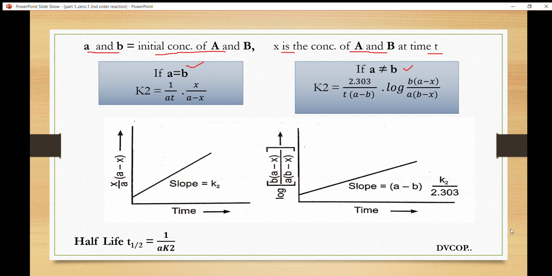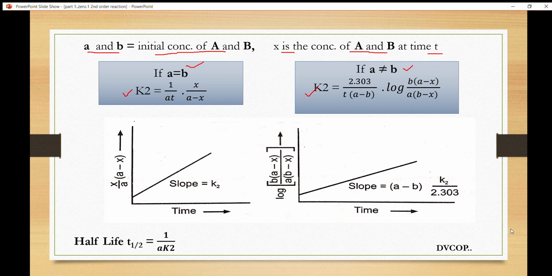If a equals b, then K2, the rate constant for second order reaction, is given by the equation 1 upon at into x divided by a minus x, and when a is not equal to b, then K2 is given by the equation 2.303 divided by t(a minus b) log b(a minus x) divided by a(b minus x).